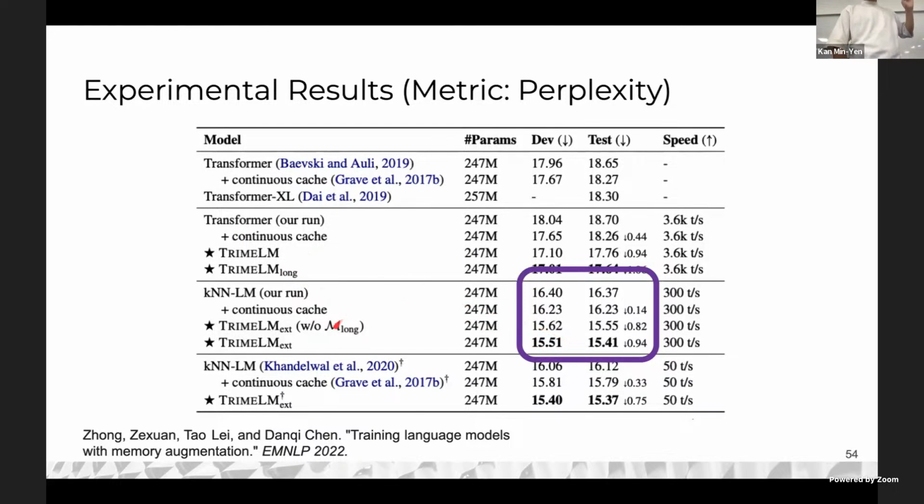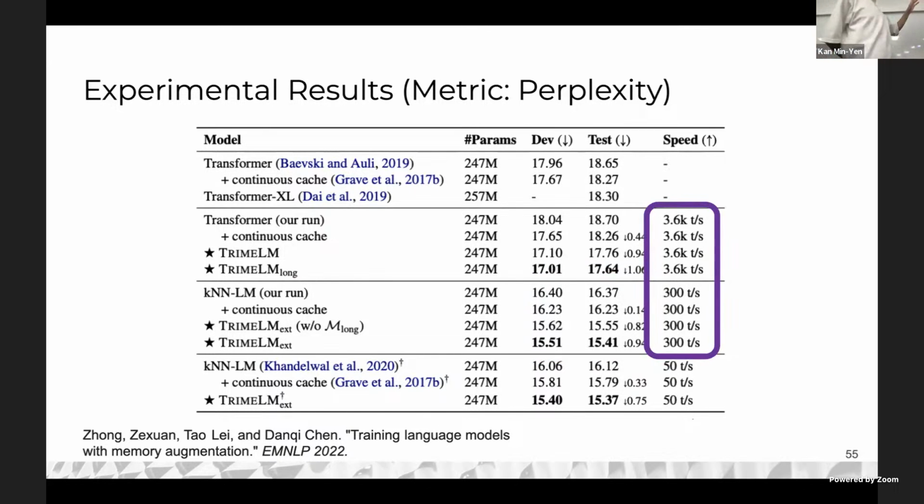But if they only use the external memory, without the long-term memory, the performance will also reduce. So in this experiment, the long-term memory is verified for its efficiency and effectiveness.